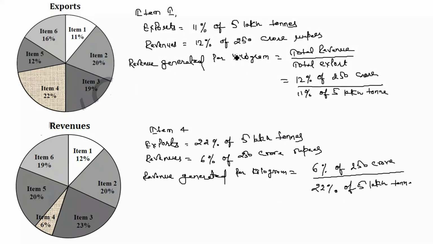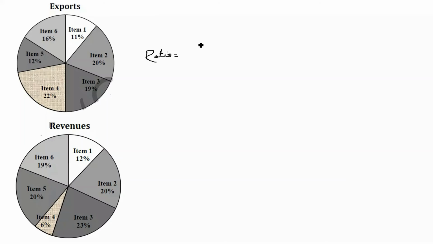Revenue generated per kilogram is 12% of 250 crore divided by 11% of 5 lakh tons. This is for item 1.